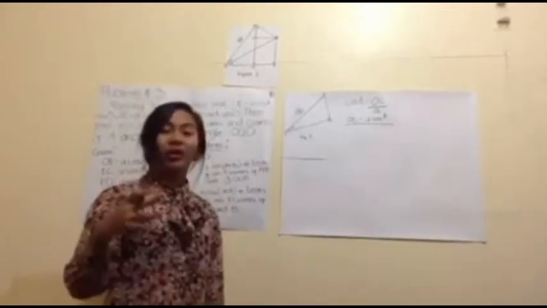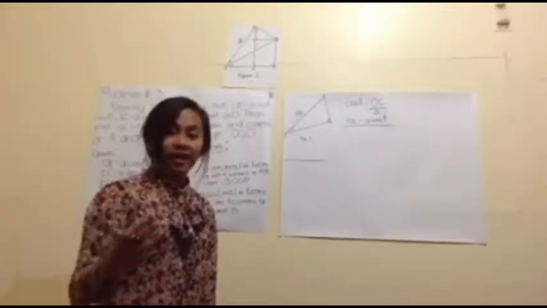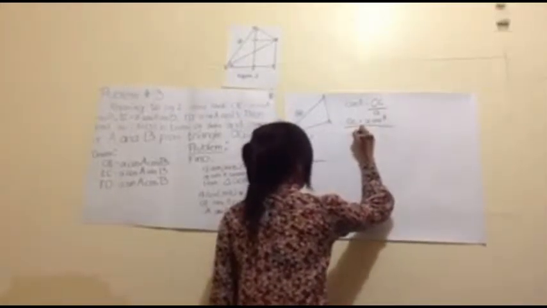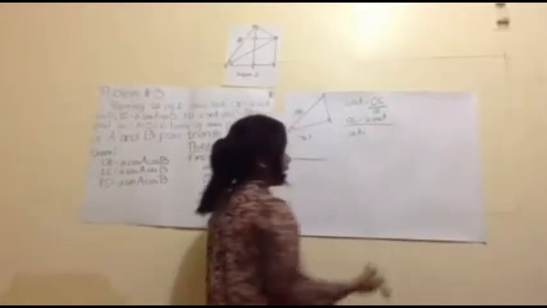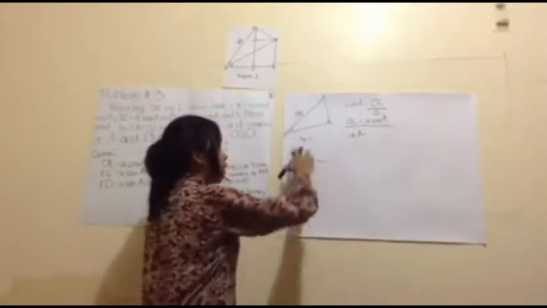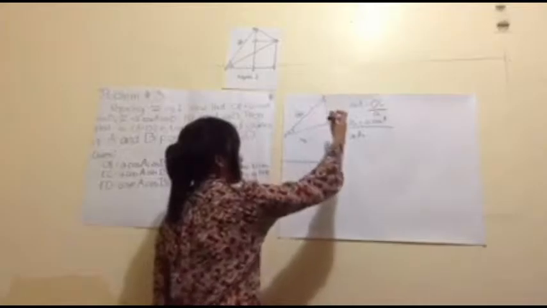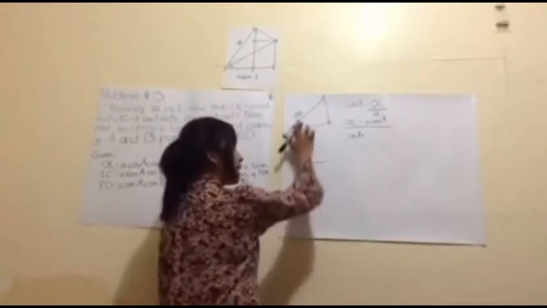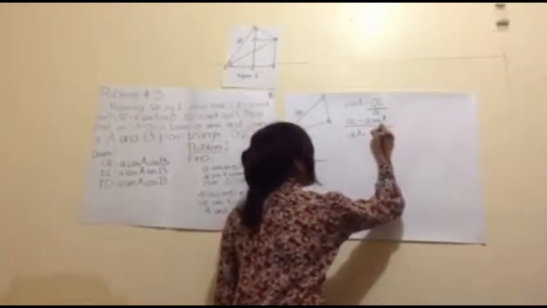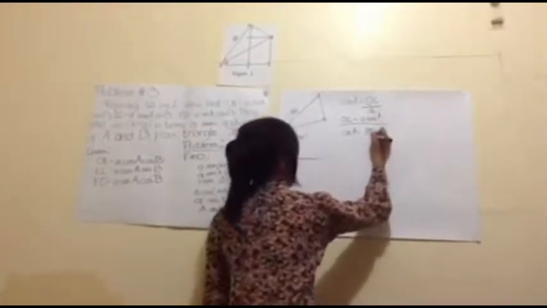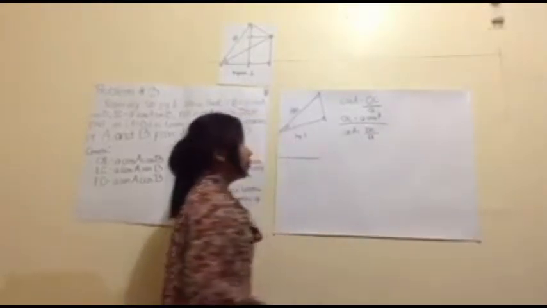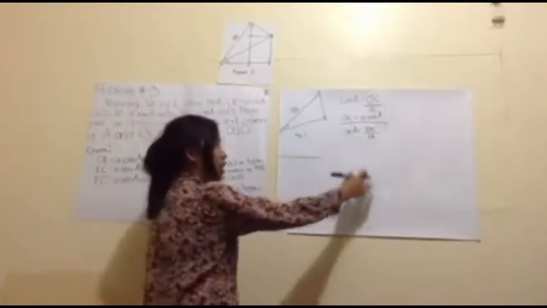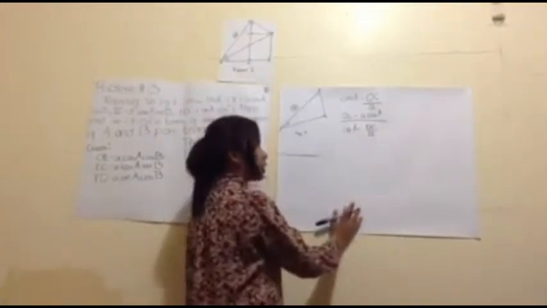Next, we are going to find the sine A. So, sine A is equal to the opposite side, which is DC, over the hypotenuse OD, or simply A. So, DC over A. Now, to get the side, we just cross multiply it so that we can find the value for DC.